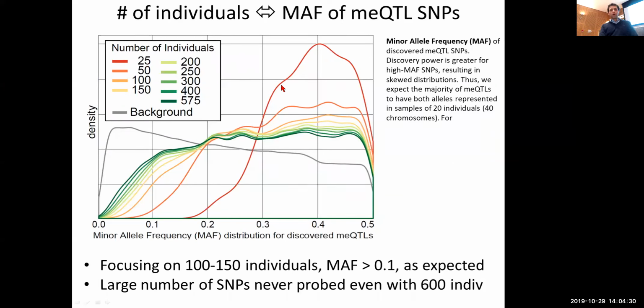So if you look at how the minor allele frequency of the discovered methylation QTLs changes as I increase the number of individuals, you can see that it starts out extremely skewed for very common variants, and then that shifts down progressively to being quite flat.